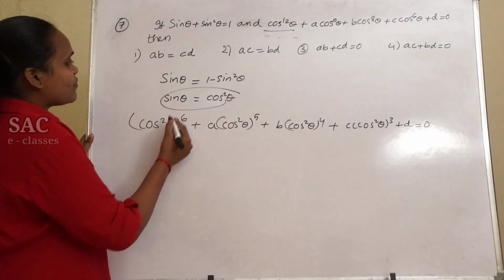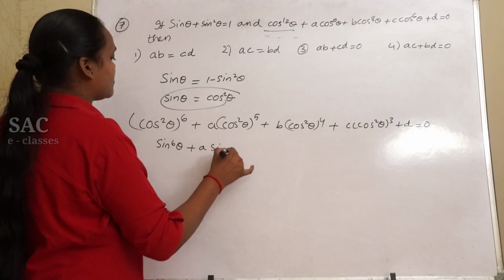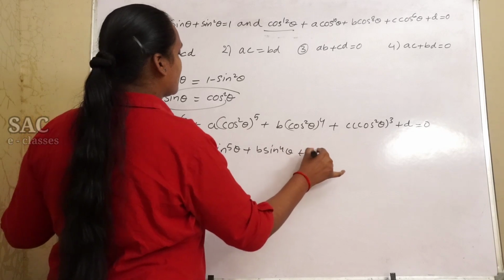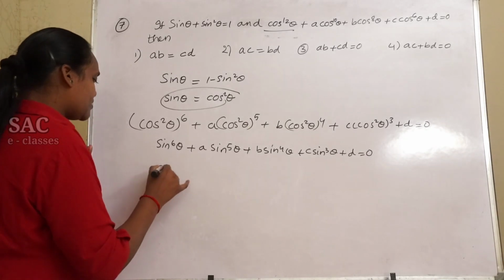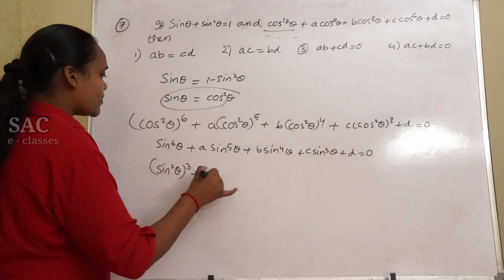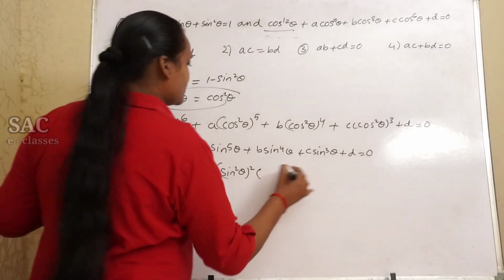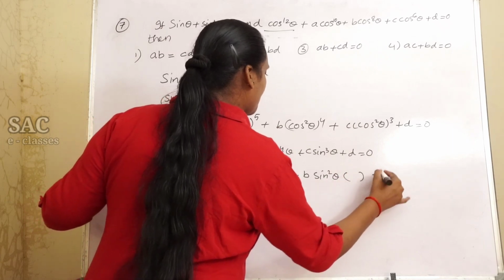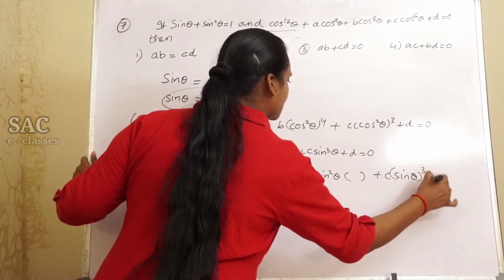Very clearly, since cos square theta equals sin theta, it is sin power 6 theta plus a into sin power 5 theta plus b into sin power 4 theta plus c into sin cube theta plus d equal to 0. Sin power 6 theta can be written as (sin square theta) whole cube plus a into (sin square theta) whole square into some gap plus b into sin square theta into some gap plus c into (sin theta) whole cube plus d.